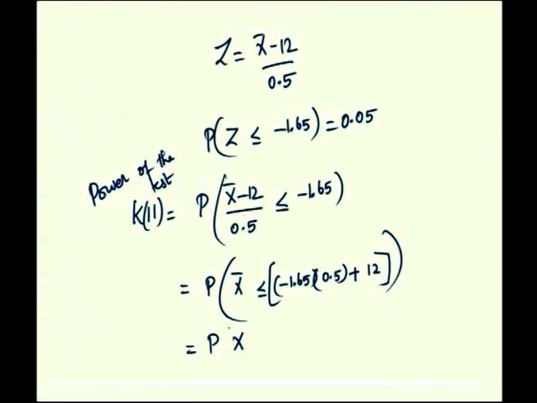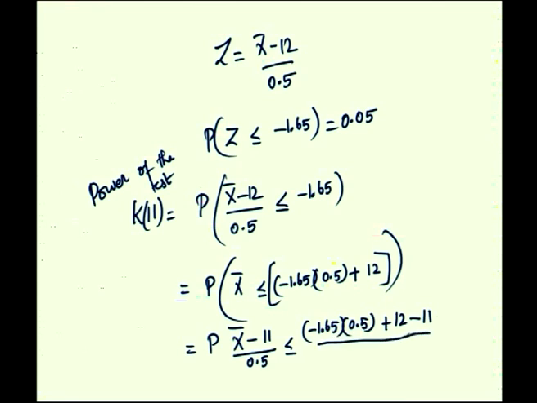The variable will change: P of x bar minus 11 by 0.5 is less than or equal to minus 1.65 into 0.5 plus 12 minus 11, the whole thing by 0.5. K of 11 is equal to P of x bar minus 11 by 0.5, which is P of z less than or equal to 0.35.